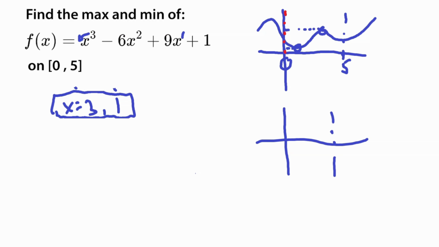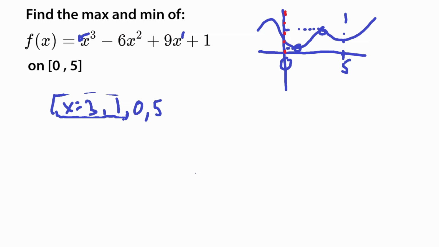For example, on 0 to 5, if this function were decreasing forever and then starts increasing, its maximum would be at the boundary, x equals 0. So we also need to plug in 0 and 5, and I'm going to add these to the list of numbers to plug in.